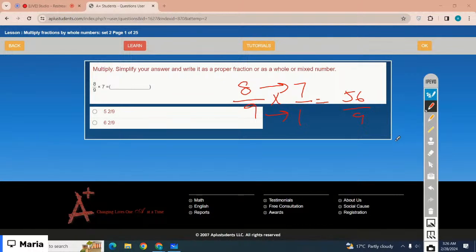So 9 times 6 is 54. 6 whole 2 over 9 is the correct option, right? Option number 2 is the correct option, that is 6 whole 2 over 9.